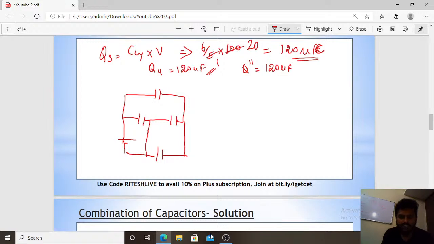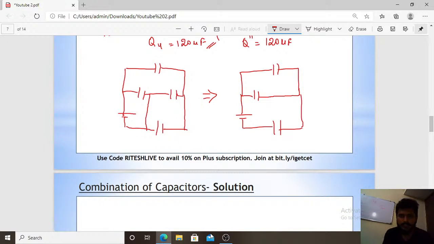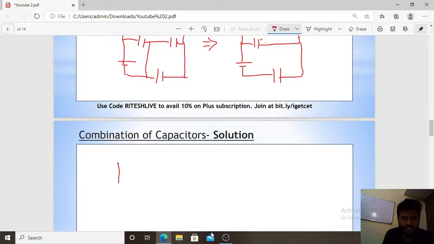Okay, first we solved these two, then we got a new diagram like this. Right, correct? Yes. So after that we solve these two, this and this, so that we got another circuit like this.